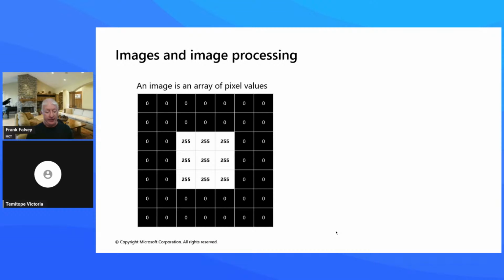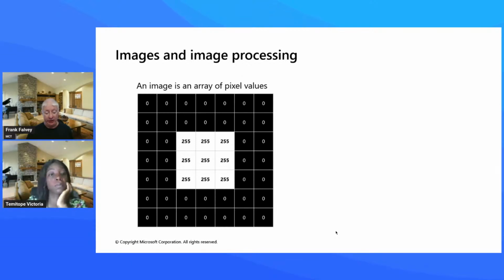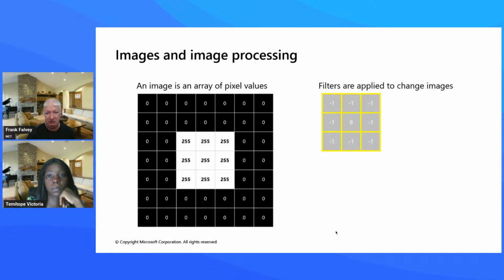The new array represents the filtered image, usually with some kind of visual effect. In this case, a filter named Laplace filter is being used to highlight the edges of a shape in the original image. That's only to show you what it is actually like.